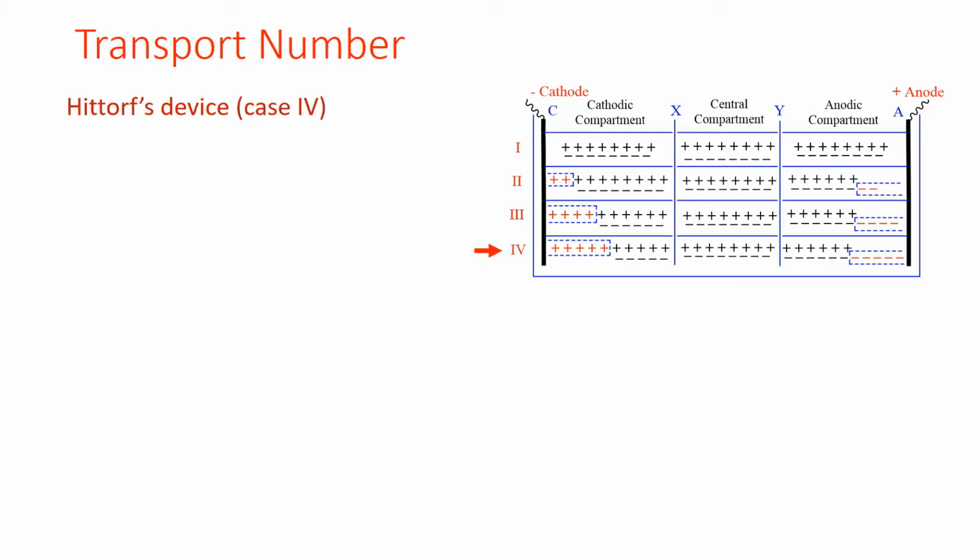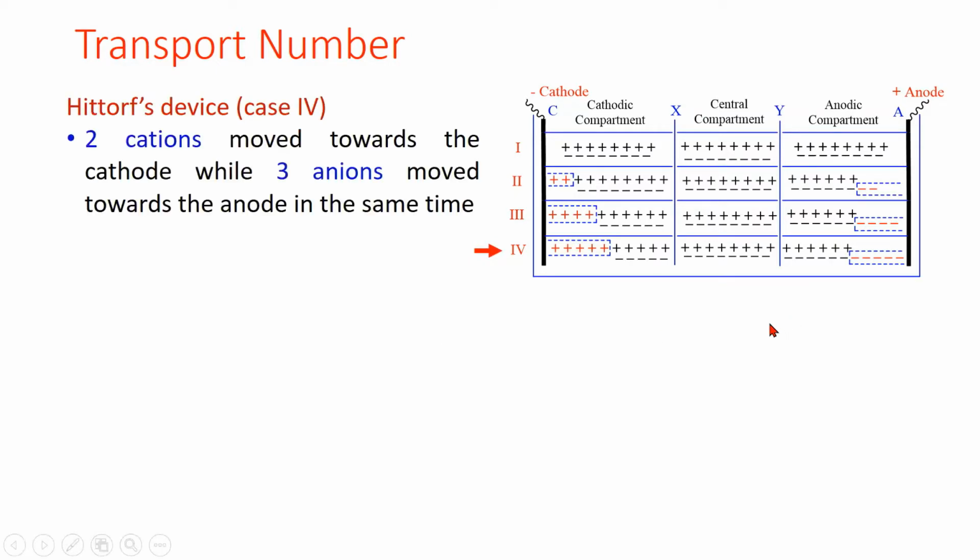In case 4 of Hittorf's device, two cations move towards the cathode while 3 anions move towards the anode in the same time. Therefore, the mobility of the cation by the mobility of the anion is equal to 2 by 3.